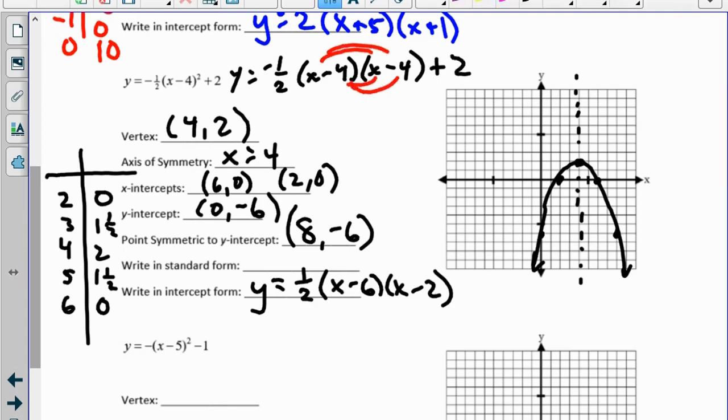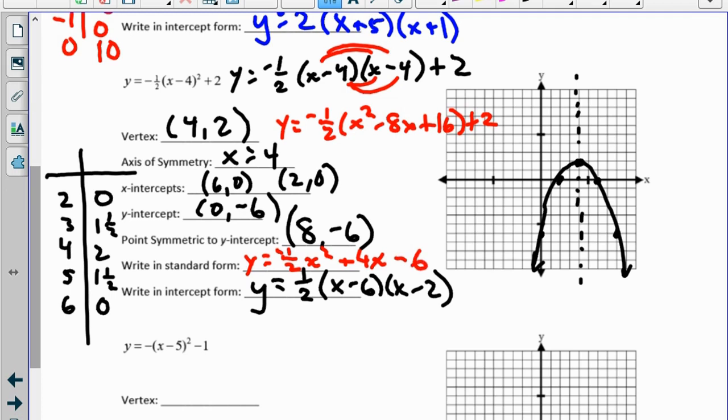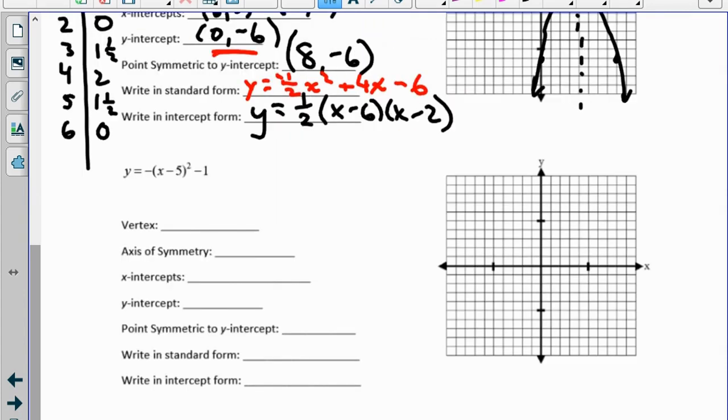So if I distribute here, I get -1/2 times x squared minus 8x plus 16 plus 2. So if I write the final answer, I get y equals negative 1/2 x squared plus 4x minus 6. The good news about the minus 6 is that's exactly what the y-intercept said it was, so we appear to be on the right track.